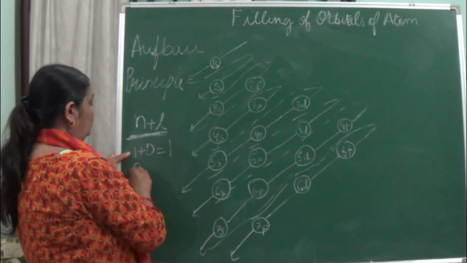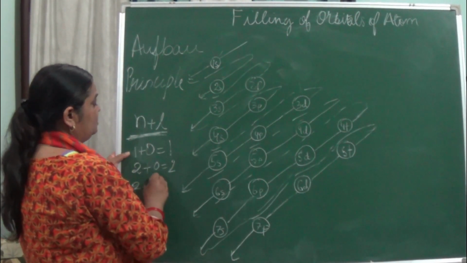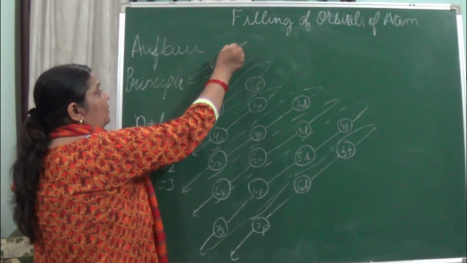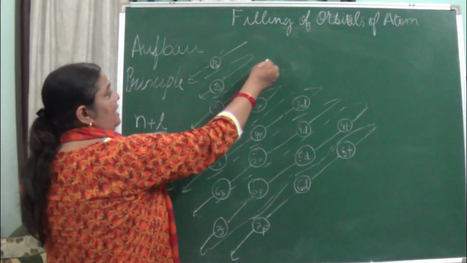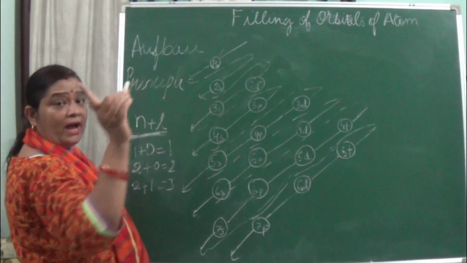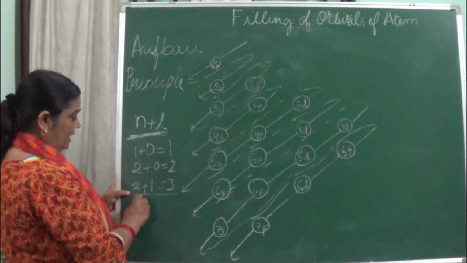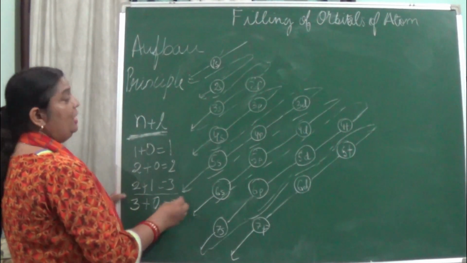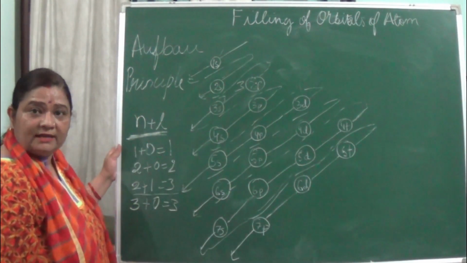Then for 2s, 2 plus 0 is 2. For 2p, 2 plus 1 is 3. You can see here it is arranged accordingly: 1s, then 2s, and then 2p and 3s together. Why did it come together? Because we have calculated for p, now let us calculate for 3s. 3 plus 0 is 3, so they have the same value of n plus l.